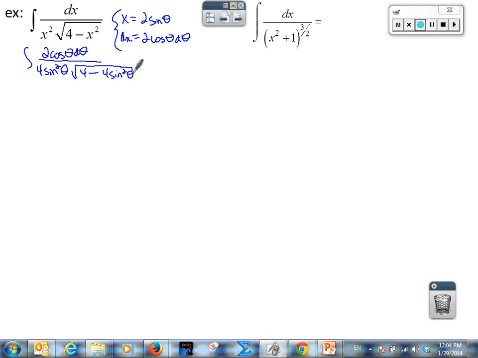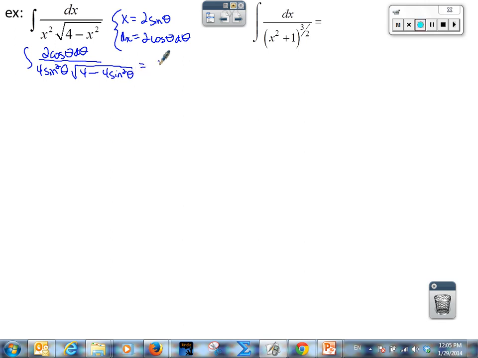So my next part is lots of manipulating, lots of algebra, lots of working with this to get it as simplified as possible before we try to integrate it. So this, the 4 minus 4 sine squared, I would factor a 4 out. We've looked at this kind of concept before. It's an exponent concept where I have a 4 times 1 minus sine squared, and I can do them separately, like square root of 4 times square root of 1 minus sine squared.